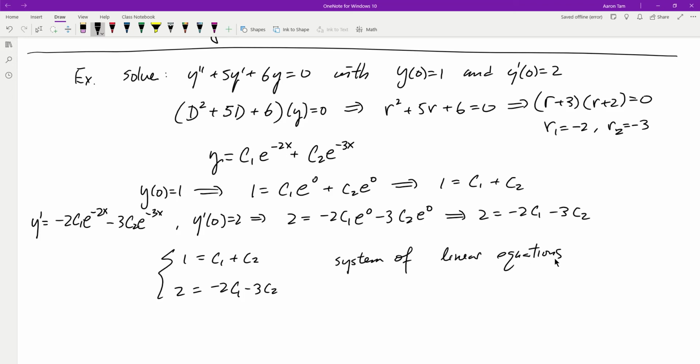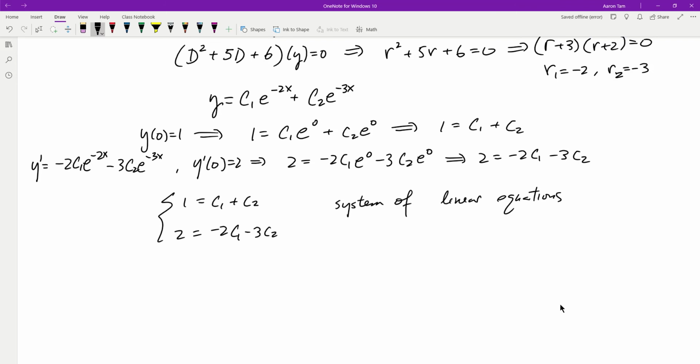Notice that what we have is a system of equations, more precisely a system of linear equations, to solve for c1 and c2.